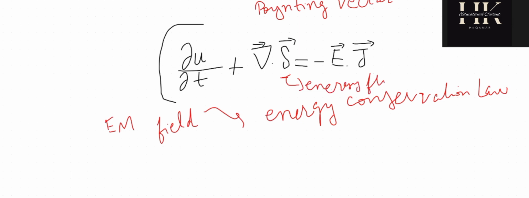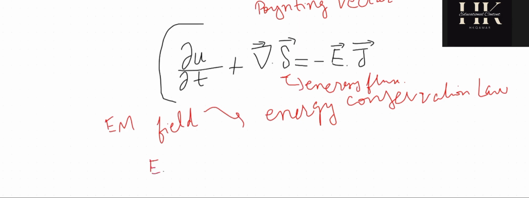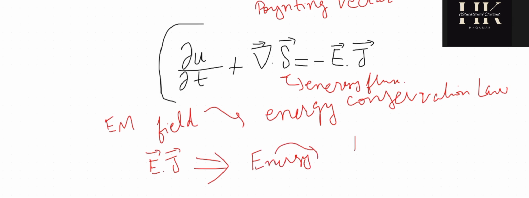E is the electric field and J is the current density. In this equation, the term on the right side, E dot J, tells us how fast energy is being transferred from the electromagnetic field to charged particles, or how fast energy is being transferred from charged particles to the electromagnetic field.